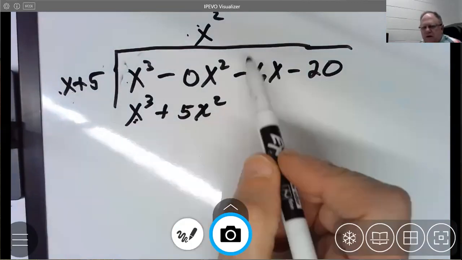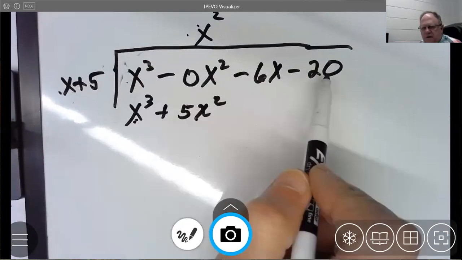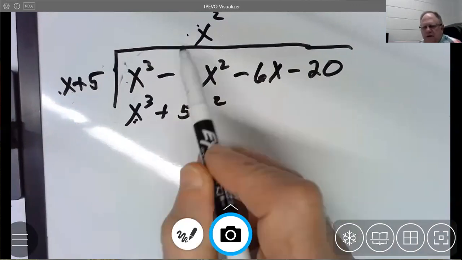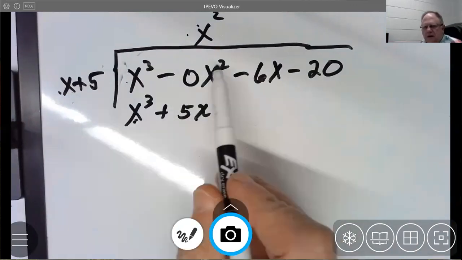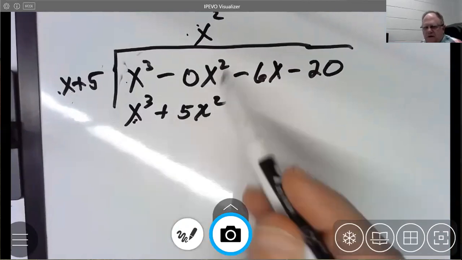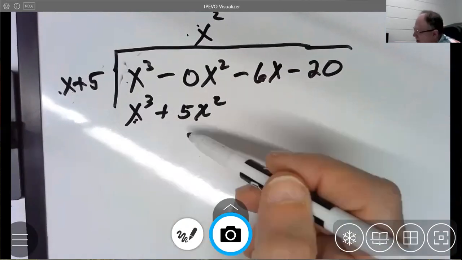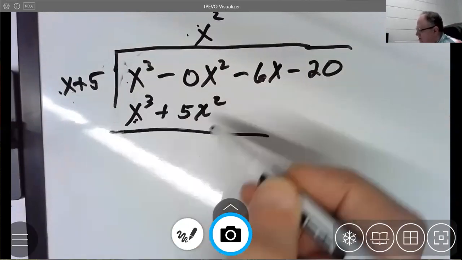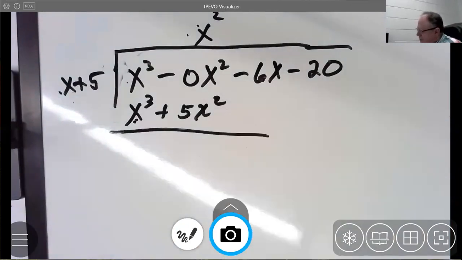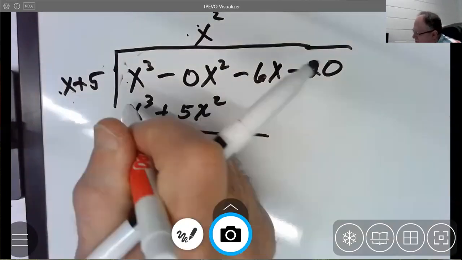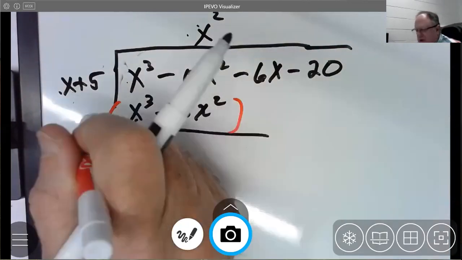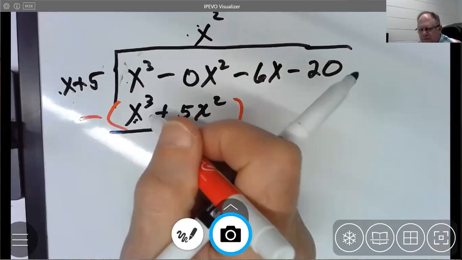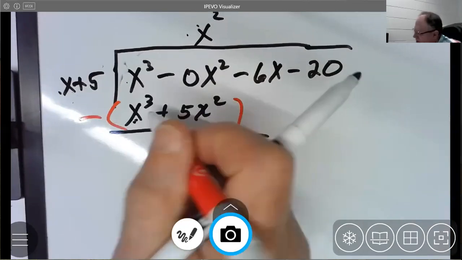And so that's why we need a place for each exponent, because if we don't, what we're subtracting here is not going to line up. So we have to subtract that bottom row just like we do with numbers.